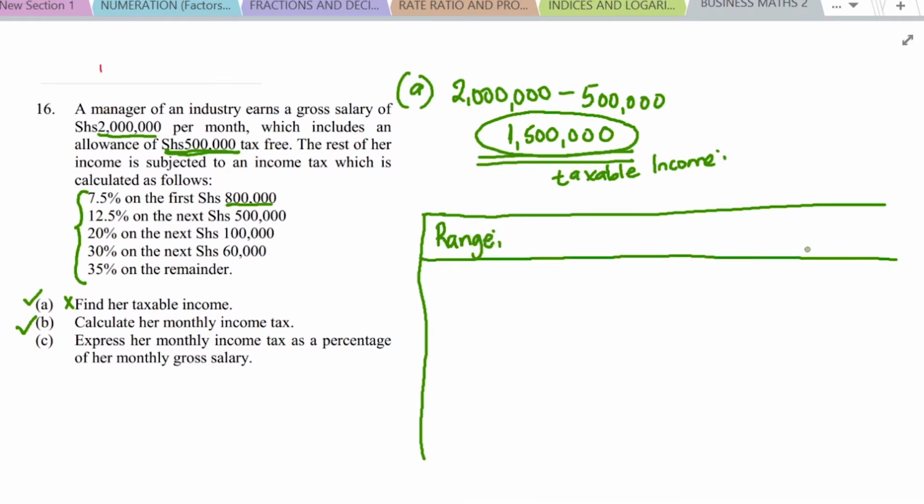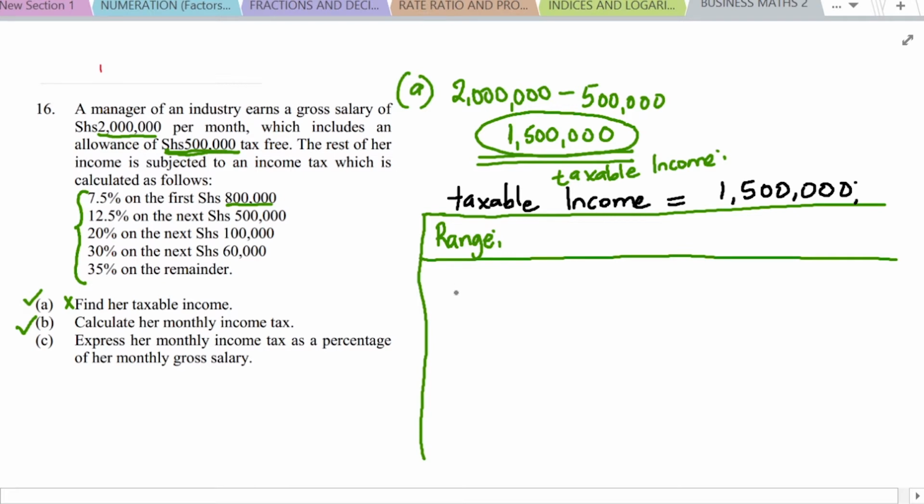First of all, our taxable income is 1,500,000. So on this taxable income, let's look at this. We have the first 800,000. The first 800,000, what tax rate is going to be? So now if this is the first 800,000, let's look at how much remains.